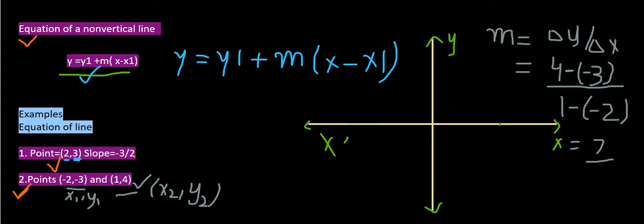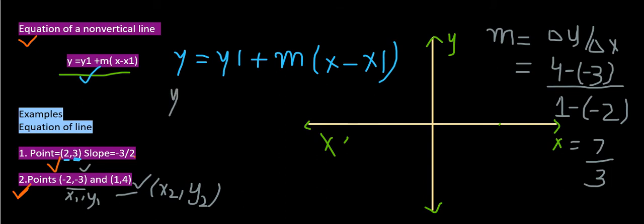Delta y will be our 7, and multiplying both negative signs we get positive, and that will be 1 plus 2, that is our 3. So the slope is going to be 7 over 3, and we simply put the value of 1 point over here to get the equation.